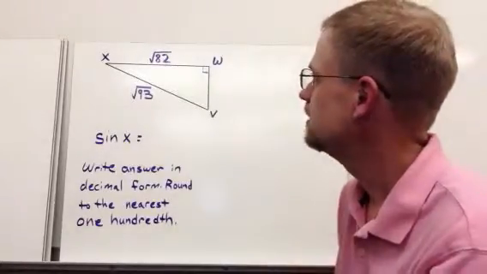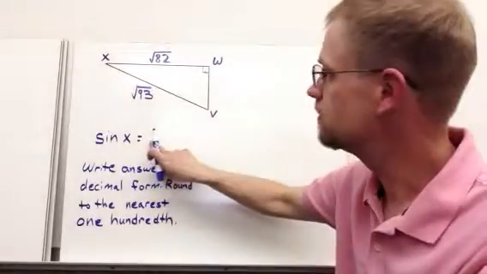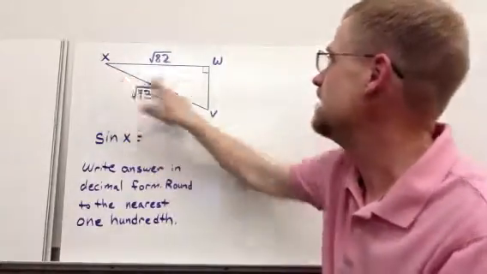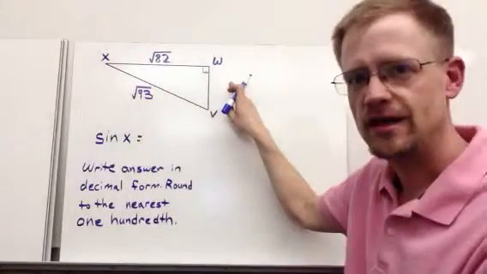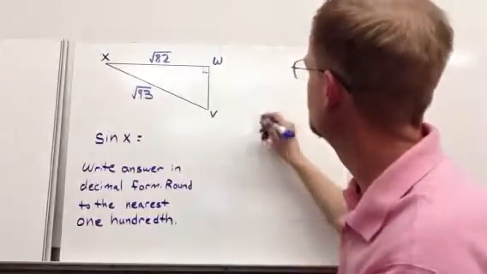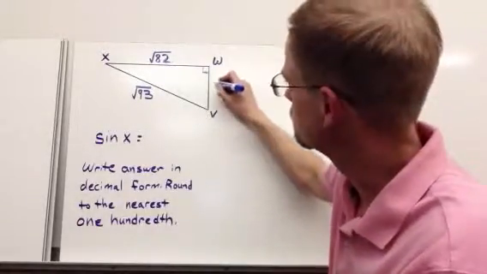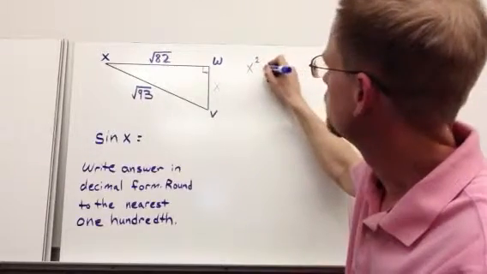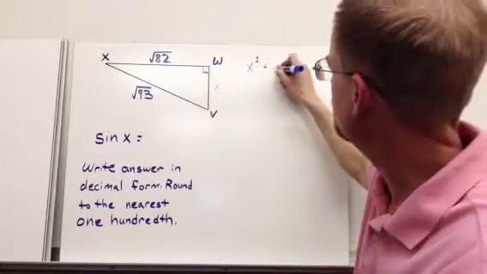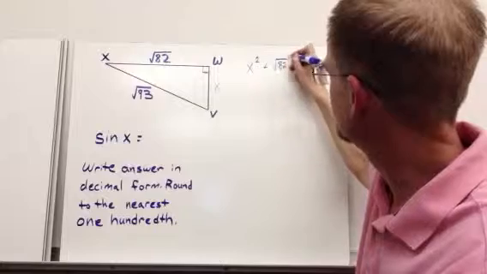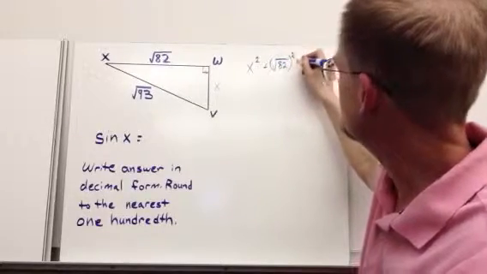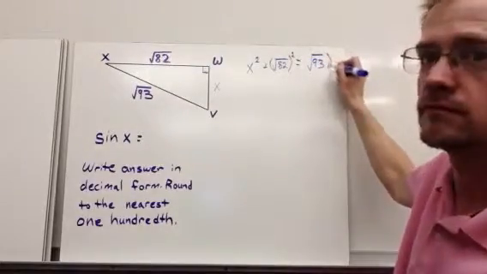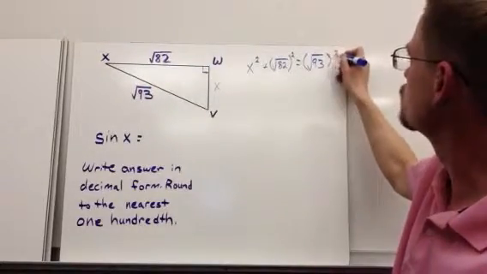All right. Now to find the sine of x, we need the opposite over the hypotenuse. So opposite x is another unknown. So we got to find this. Let's just call it x. X squared plus, our other leg is square root of 82. We'll square that. Equals the square root of 93 squared.